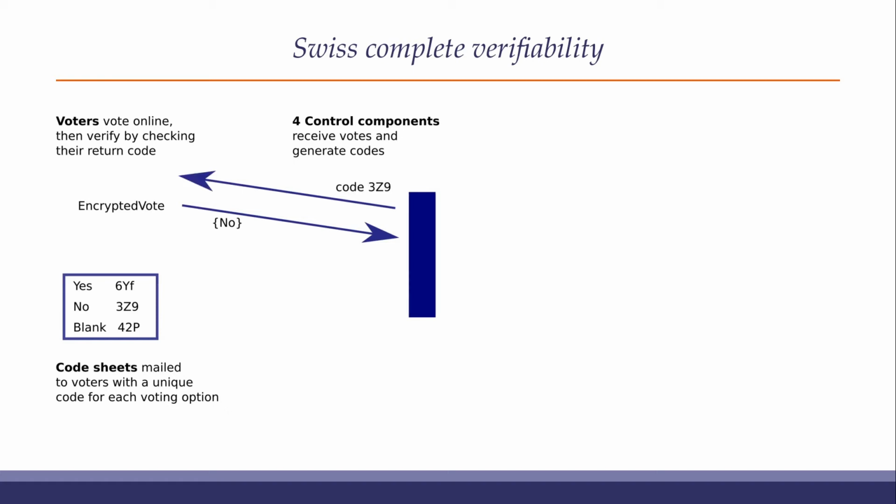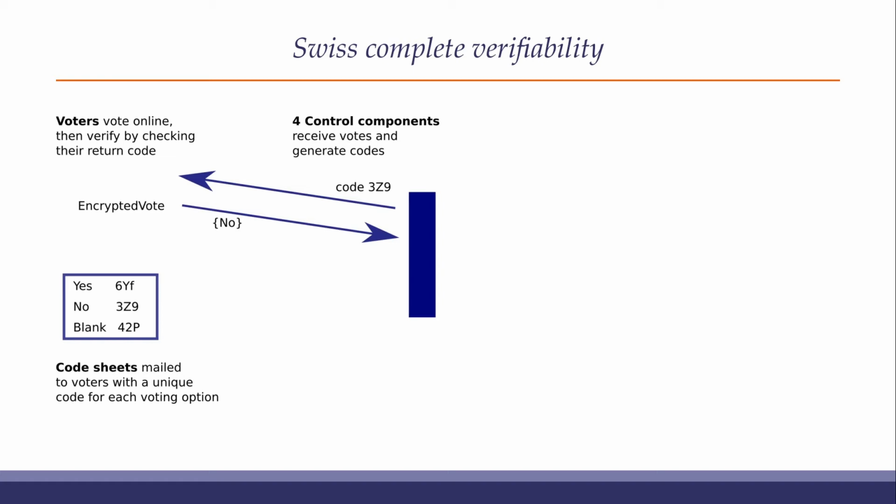And the idea, obviously, is supposed to be that as long as not all 4 of these components collude to cheat, and as long as the information in the code sheet hasn't leaked to an attacker, the system shouldn't be able to return the code that the voter expects unless it has properly recorded the vote that the voter wanted.